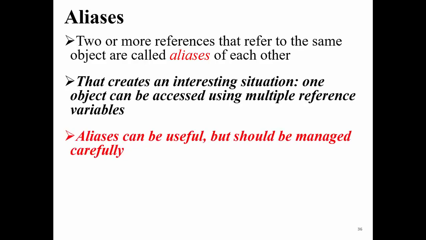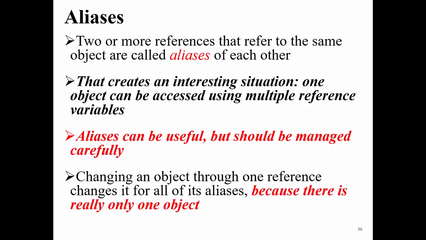But this should be carefully used, okay? Because if you modify an object using one reference, the other references also see the same thing. So we have to be careful. Alias is good, but we have to be careful when we are using them. So changing an object through one reference will affect all the other references, okay? Any questions about aliasing?